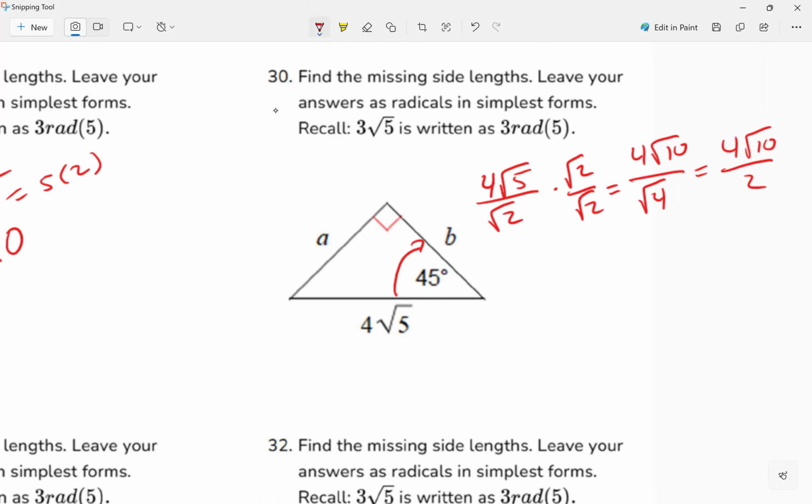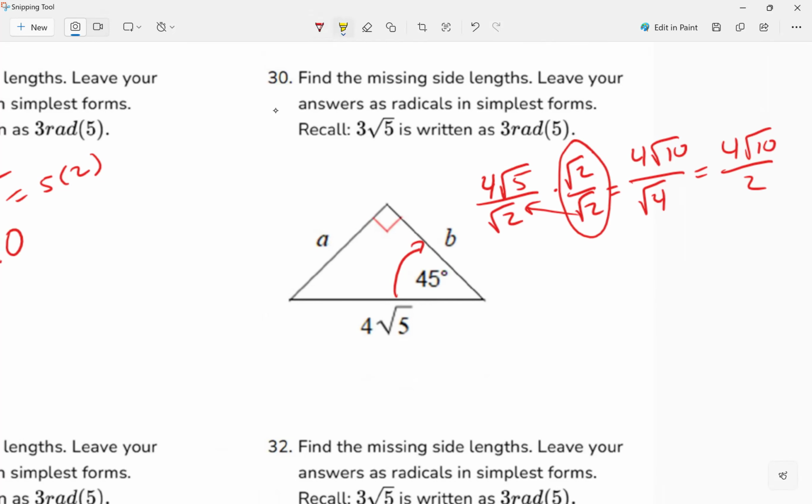One thing before I continue, notice I multiplied top and bottom by radical 2. Where did that radical 2 come from? The bottom. Whatever we have at the bottom, that's it. Now I'm almost there. I look at my whole numbers, 4 divided by 2. Can that be simplified? My answer here will be 2 radical 10.